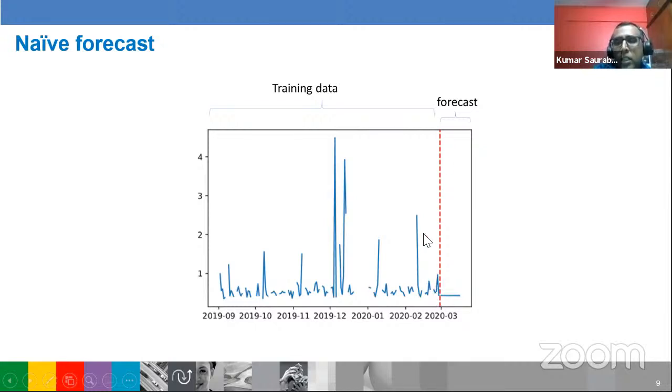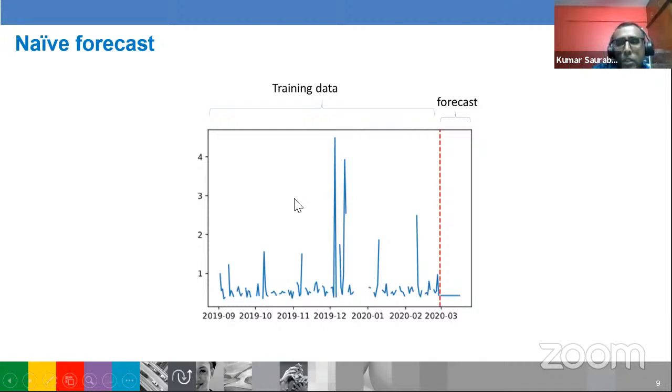To the left of this red line, we have the training data, and you see some patterns, some fluctuations happening. But the naive forecast ignores all of these past values, captures the most recent observed value, and copies that forward as my forecast. So it's a flat, horizontal forecast that you see.